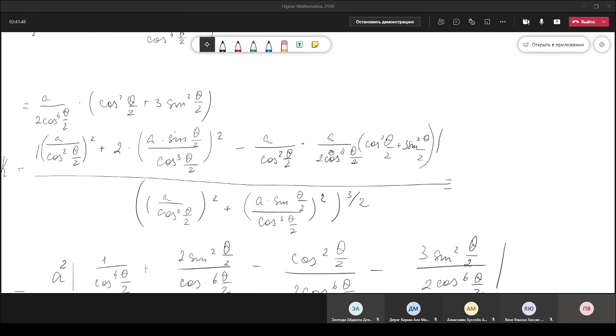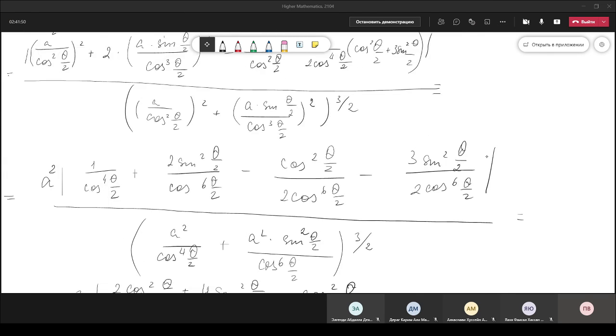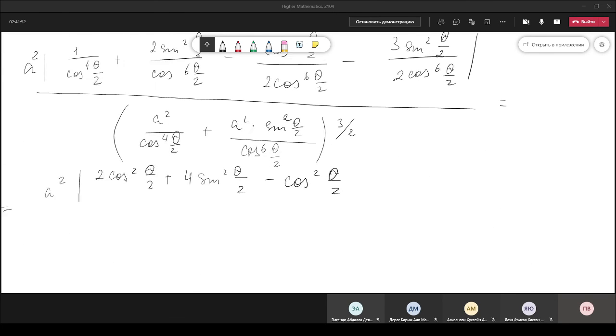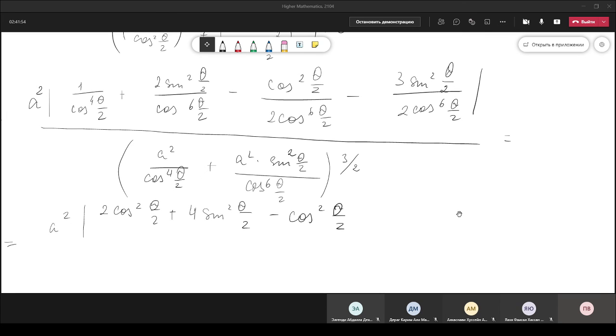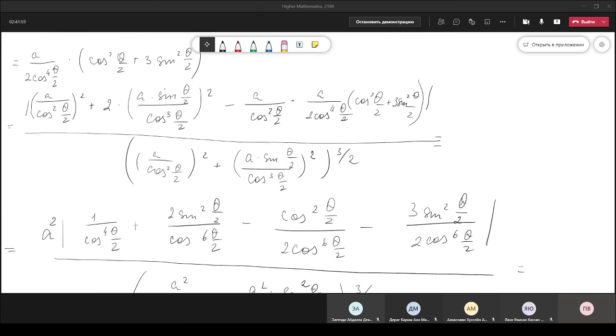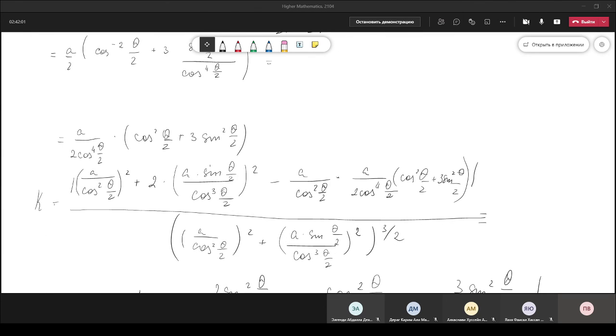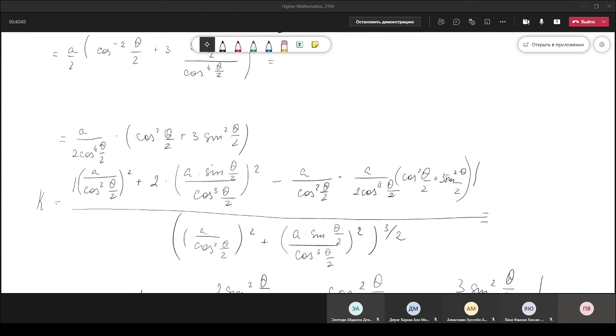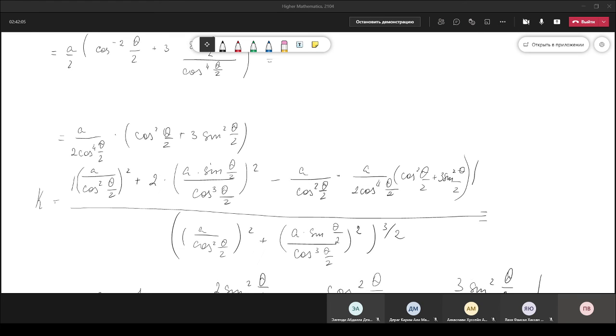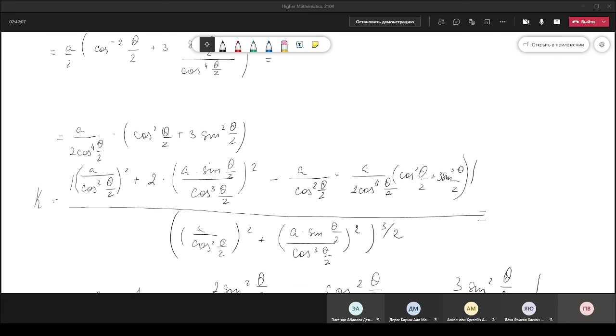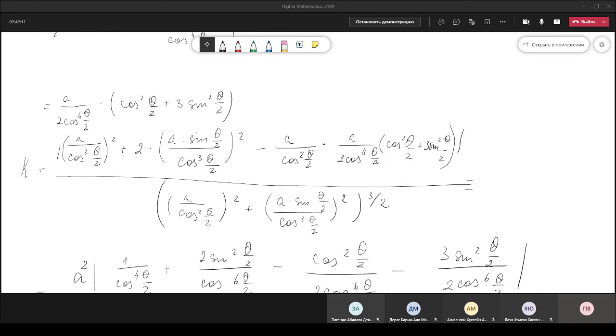It is 2, because this is 4. Cosine squared minus 3 sine squared. Right? I don't mistake. Yes, I don't mistake.